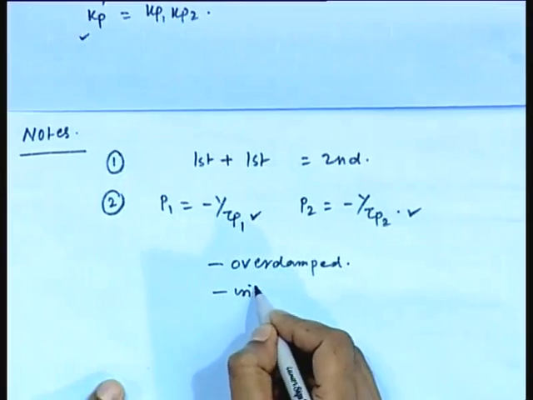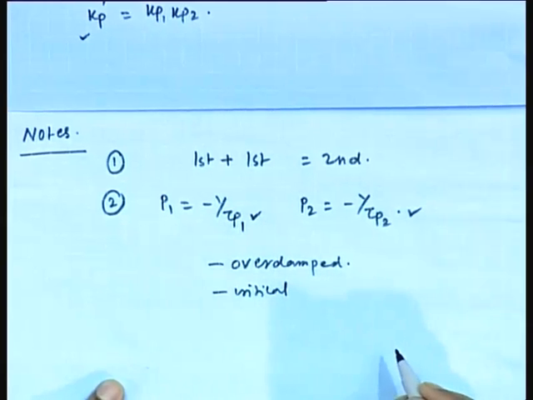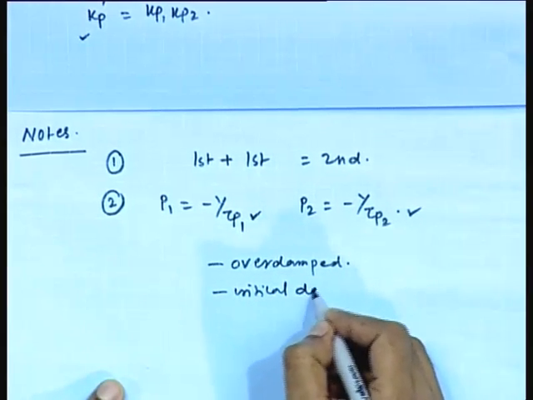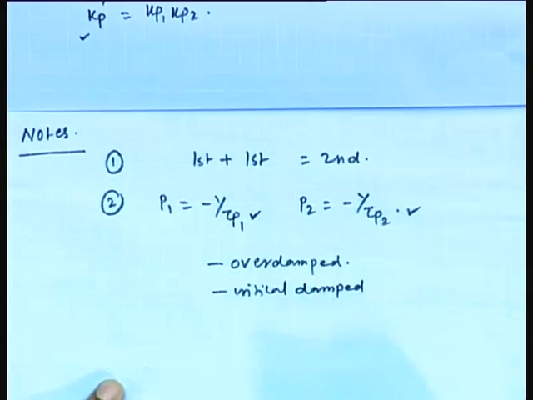In that situation, the response is critically damped. Fine. So, if two first order systems are connected in series, we obtain overdamped or critically damped response, but never underdamped. Fine. This is the second note.